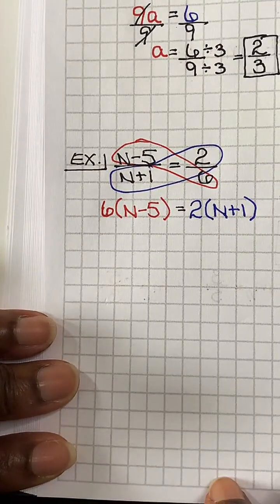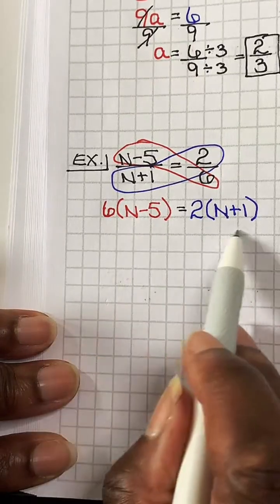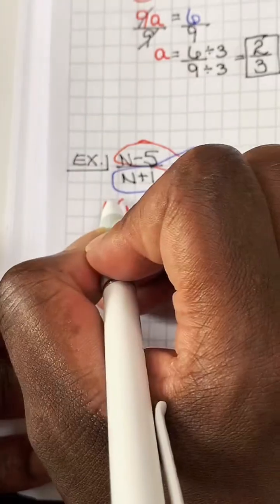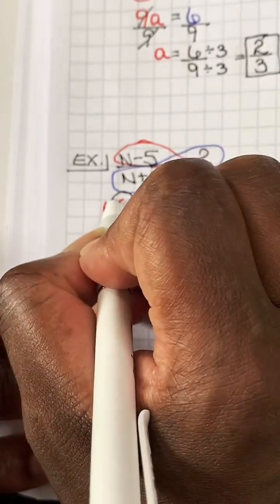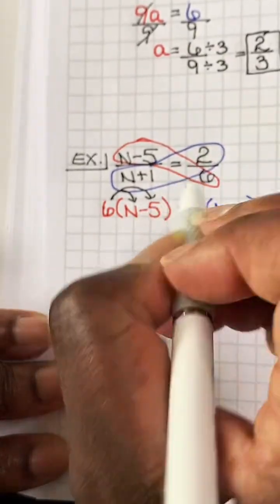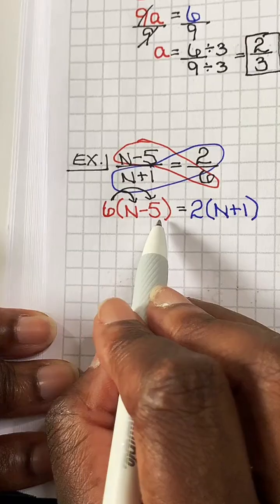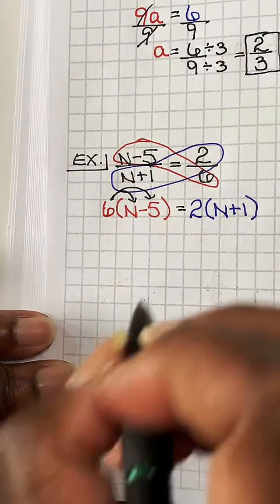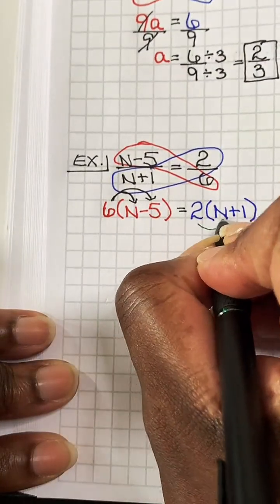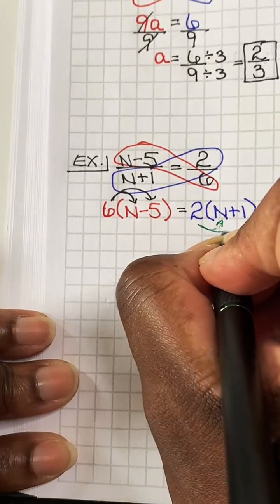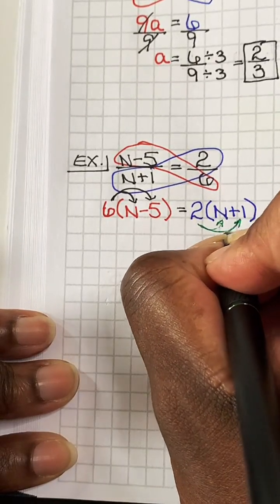So now let's distribute, because I can't just simply divide on both sides. Let's distribute. Let's take the 6 and multiply it to everything in its parenthesis. Then we're taking the 2 and multiplying everything in its parenthesis.